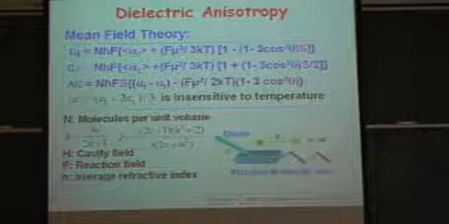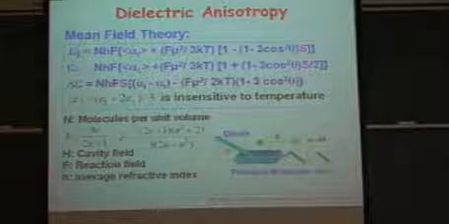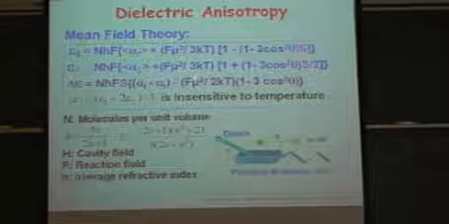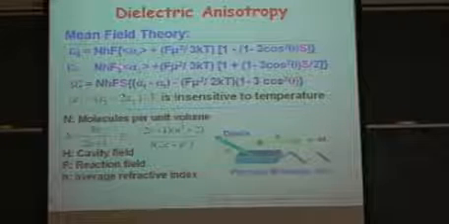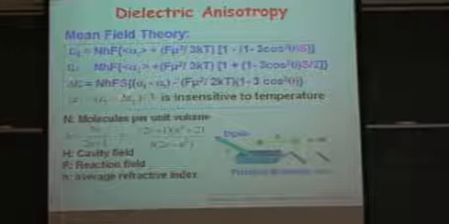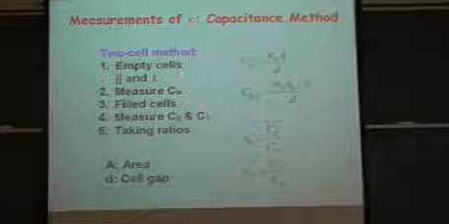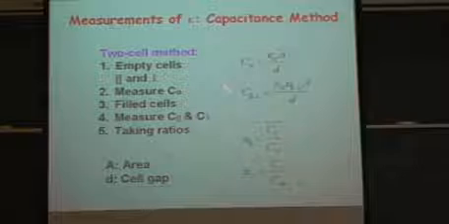So this theory correlates the molecular property with the macroscopic physical properties, related by this other parameter. And this shows the method to measure the dielectric anisotropy. We use two cells.